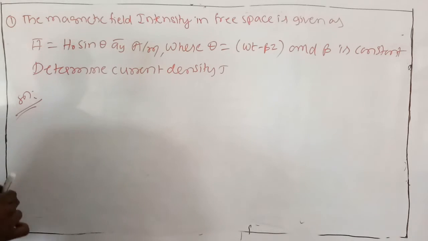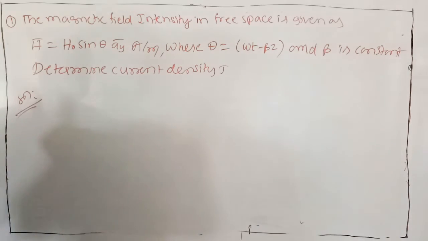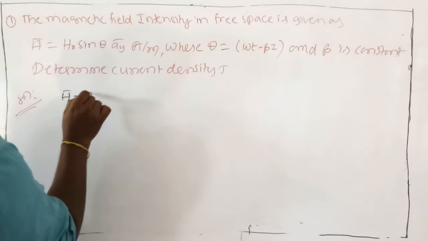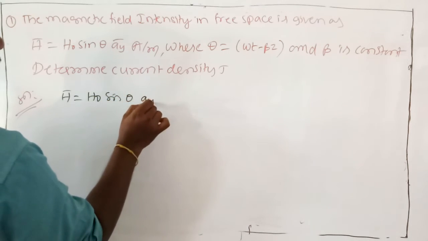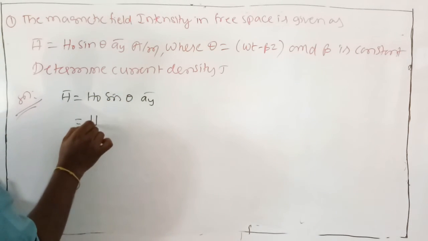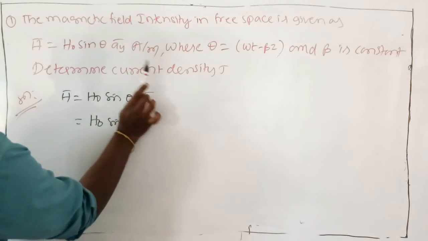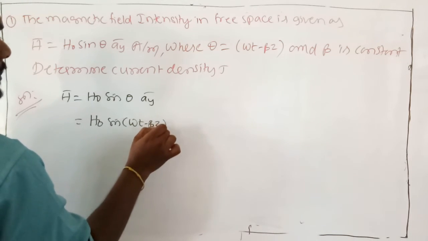See, the solution will be like this. What is the given data here? The data is the information about the magnetic field intensity in free space, that is H bar. H bar is equal to H naught sin theta AY bar, where theta is omega t minus beta z, and beta is a constant.